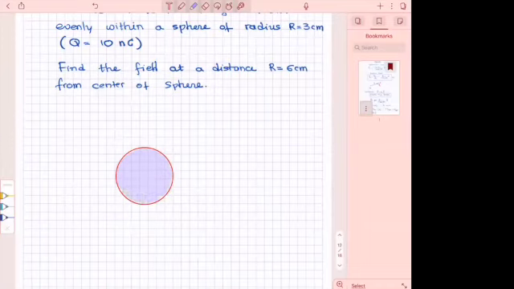Since it's a sphere and the charge distributes evenly, the sphere has a radius R from the center, and this is 3 centimeters. And I want to find the electric field at a distance which is 6 centimeters from the center of the charge.